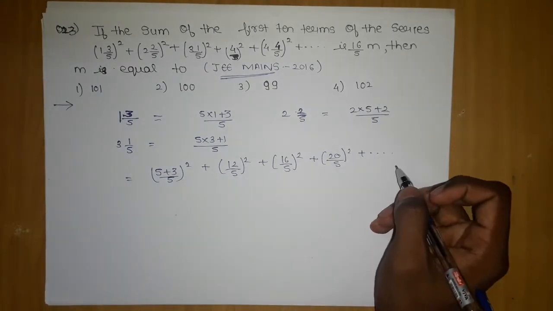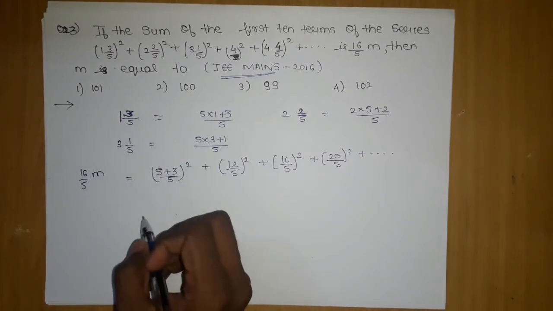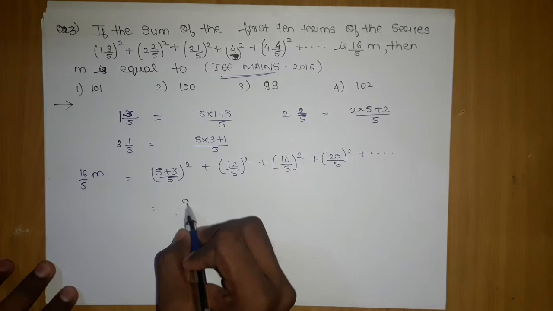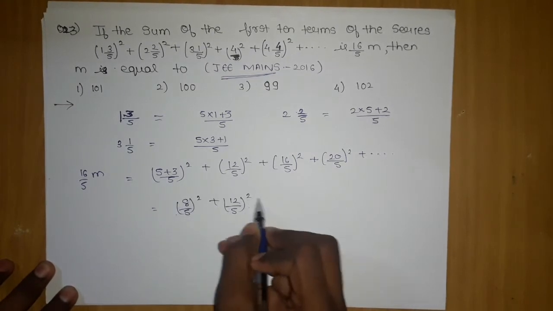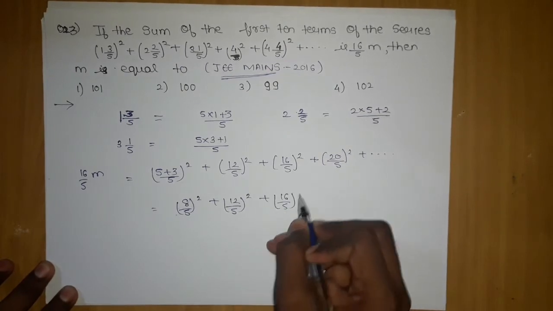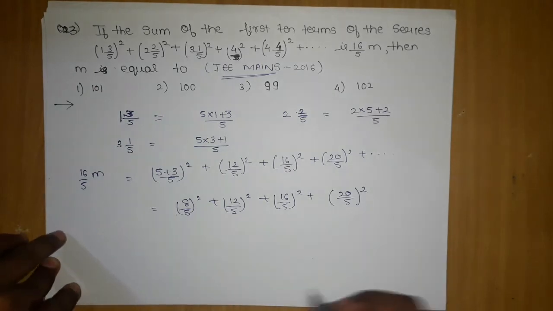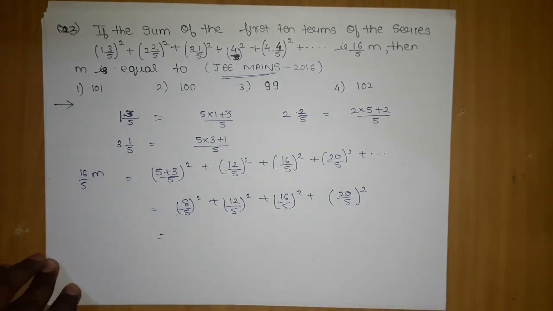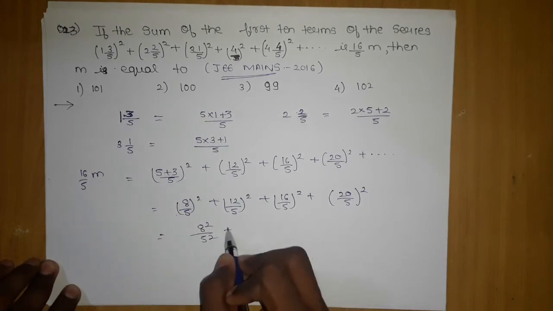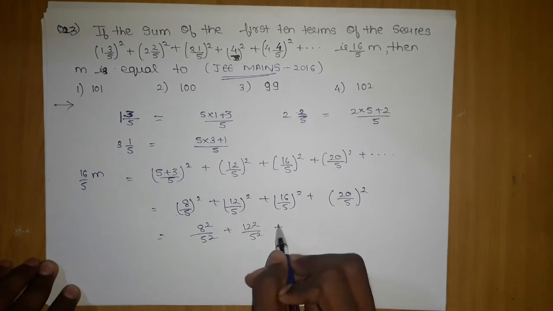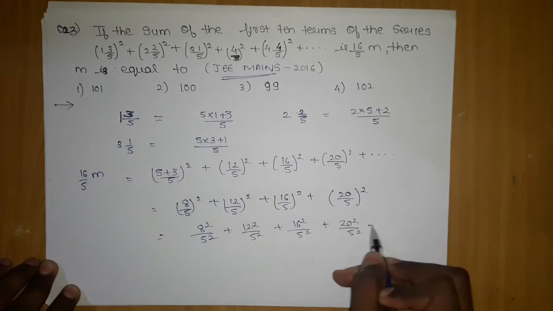It is equal to 16 by 5 m. Since 5 square is common to all of them, we get 8 square plus 12 square plus 16 square plus 20 square over 5 square, and it will go on.